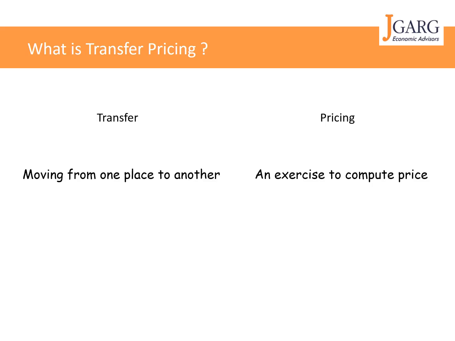You try to find out what price you should pay for buying a particular mobile handset. What you are doing in this exercise is trying to compute a transfer price, or arrive at a price that you should pay to an unrelated party.